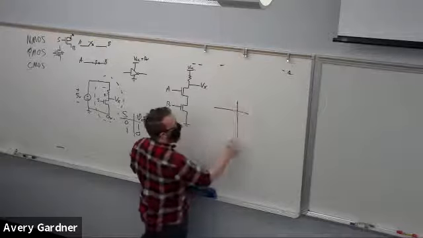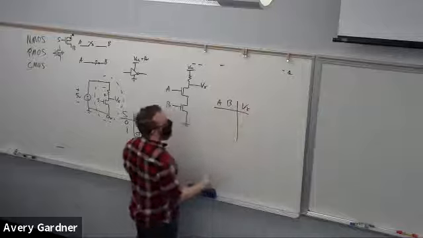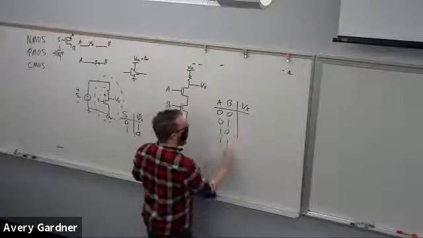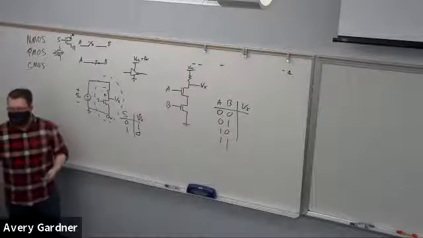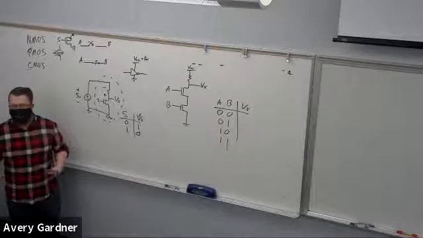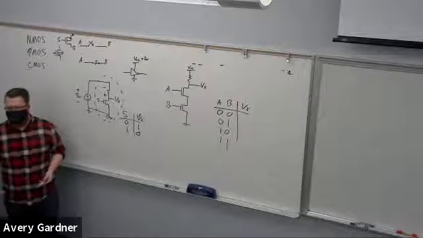And again, truth tables are your friend. If A and B are both 0, both off, what are the switches doing? Blocking the current from going to ground.